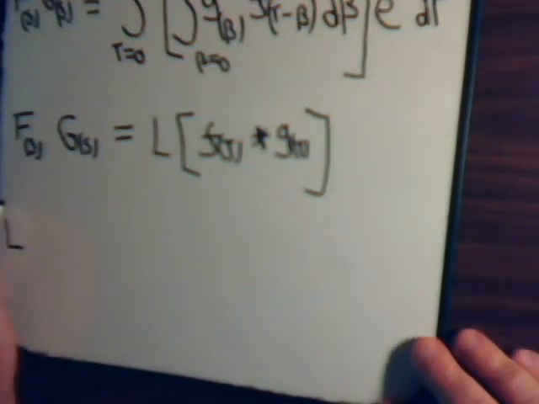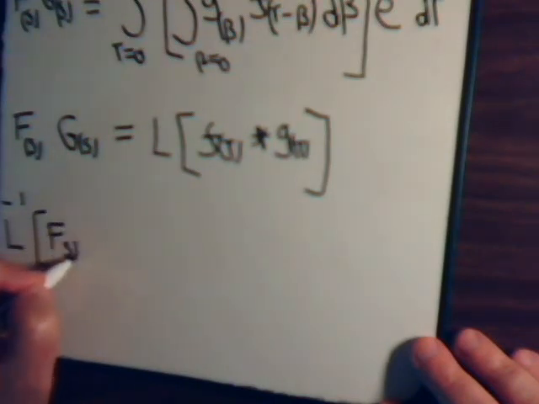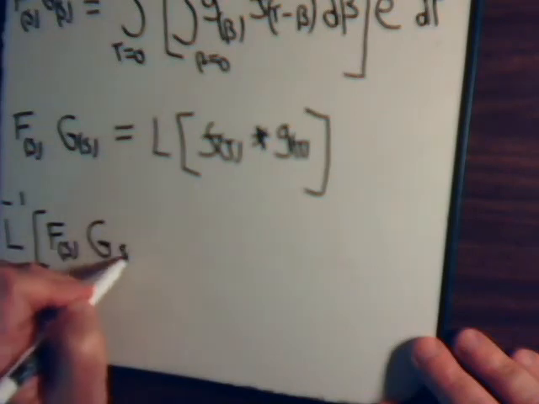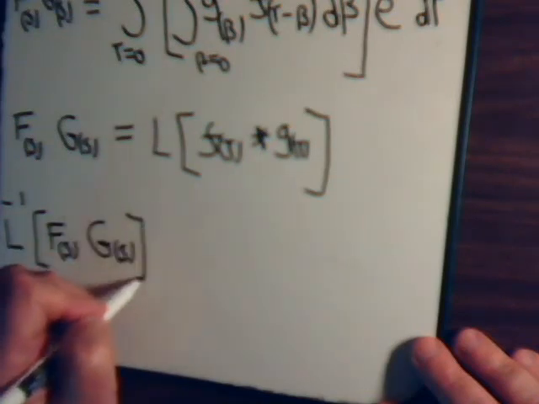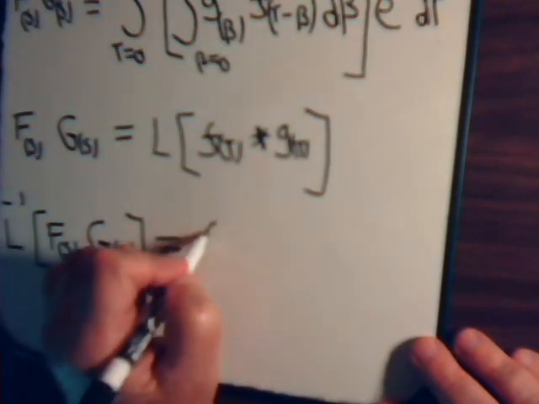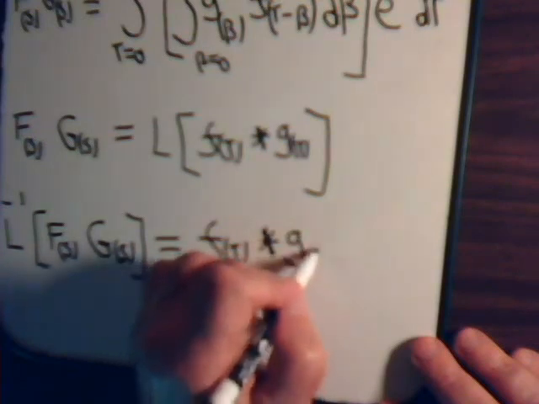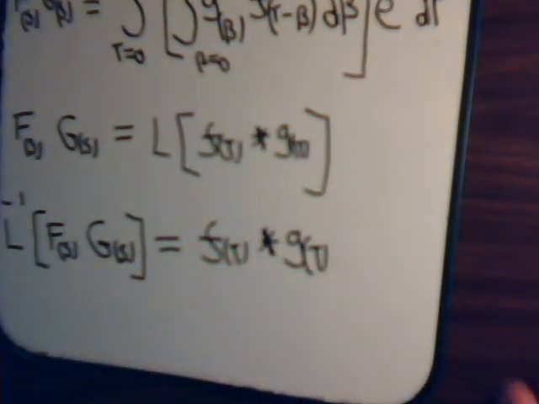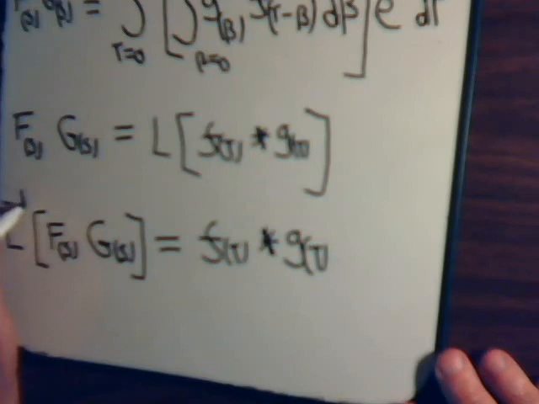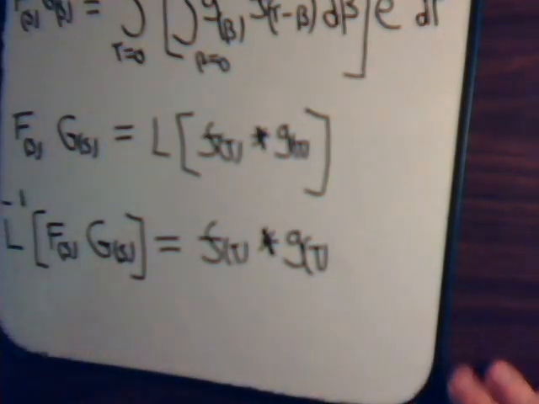That's what we have derived so far. Now let's take the inverse Laplace transform of both sides, and we will have the inverse Laplace transform of f of s times g of s equals the convolution, and that's the equation that we set out to prove right here. So there it is. Hopefully it makes sense.